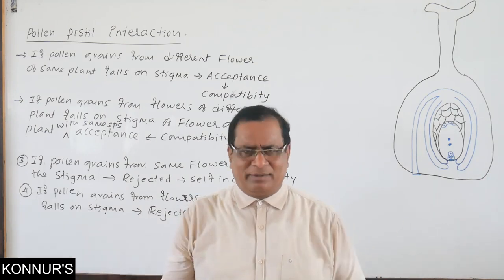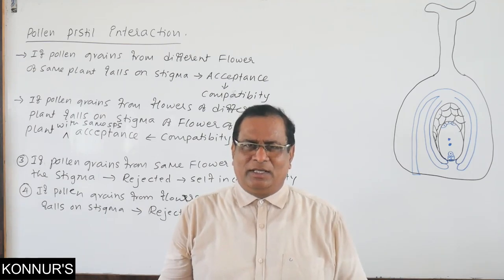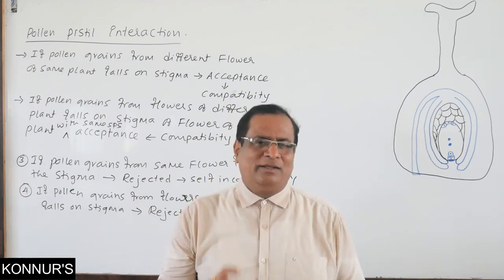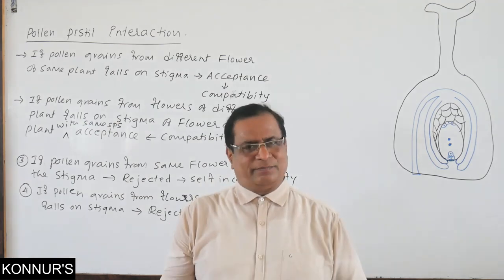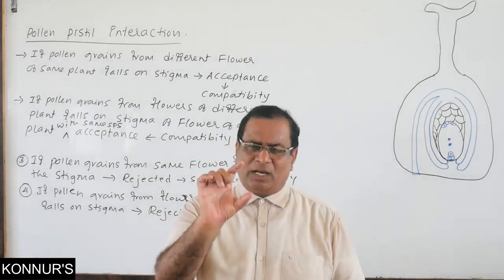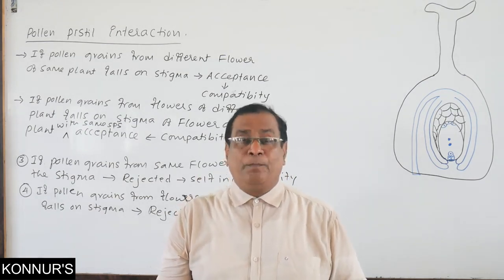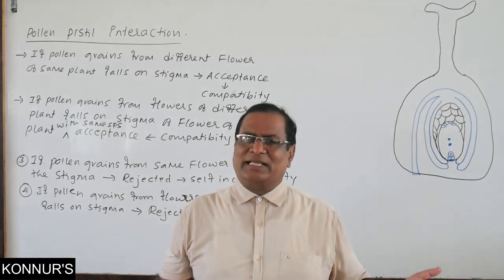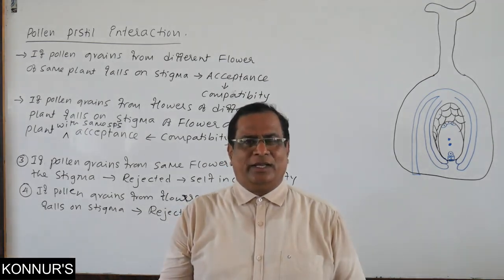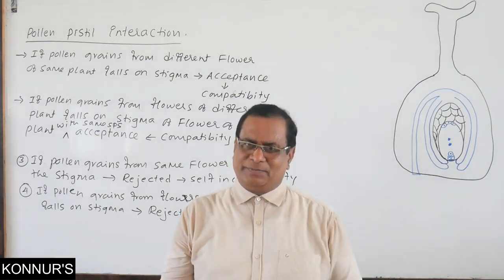This can happen. But not all the time is the pollen grain accepted. If the pollen grain is compatible, it can be accepted. If it is incompatible, it cannot be accepted.